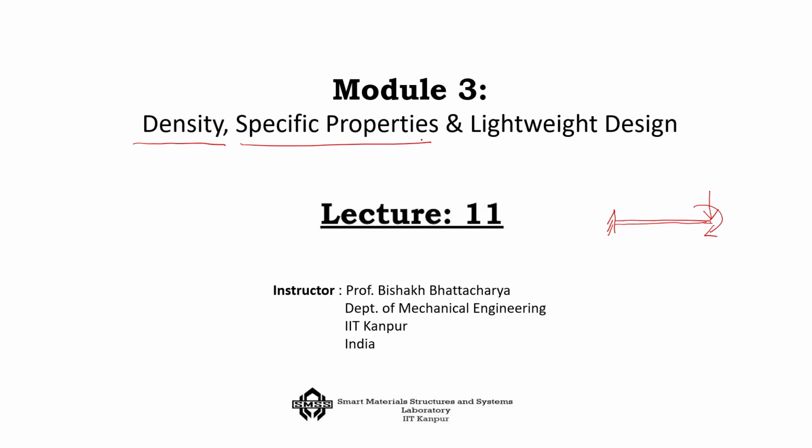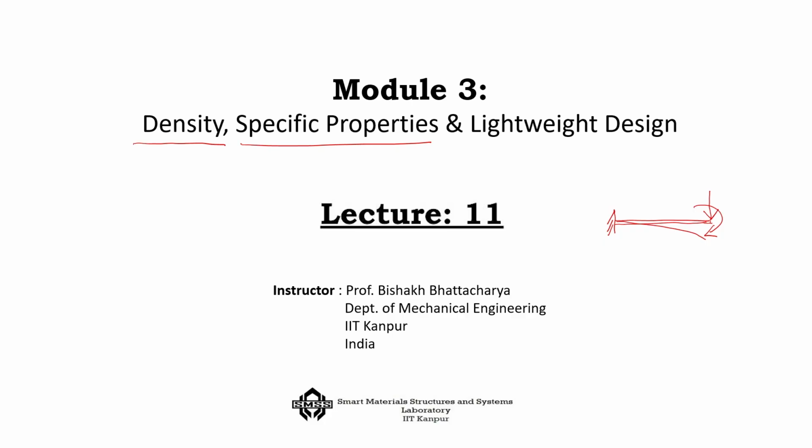That means you can make it lightweight as long as its basic functional properties are not compromised, and that is what specific properties mean. Not only the modulus of elasticity is important to check the deformation of the system, but it is the specific modulus of elasticity, something like E over rho, or square root of E over rho, or whatever is the material index.